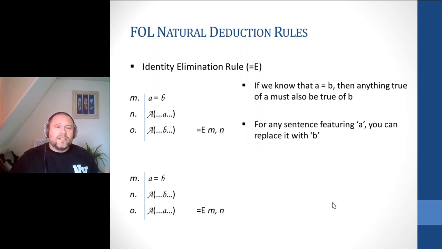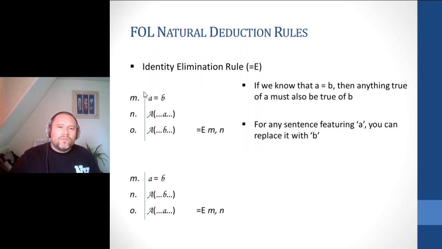The idea here is that if we know that A is identical to B, then anything that's true of A is also true of B. In other words, for any sentence featuring the name A, you can replace it with the name B. You can replace all or just some of the instances of that name.